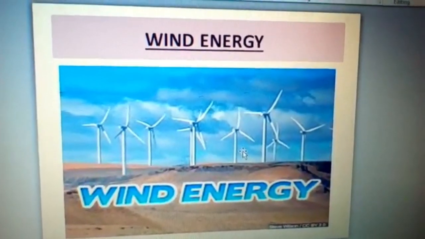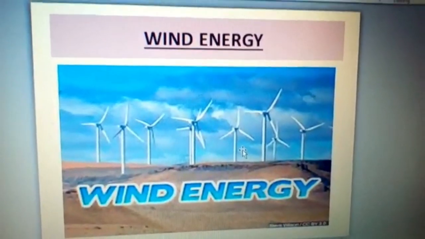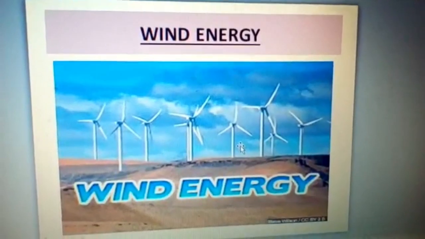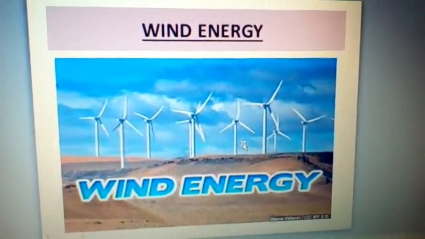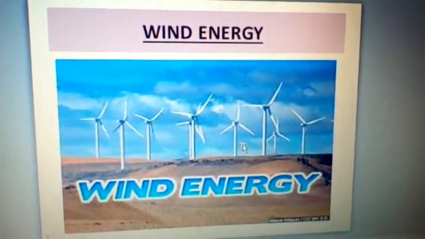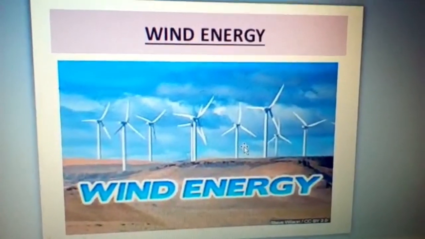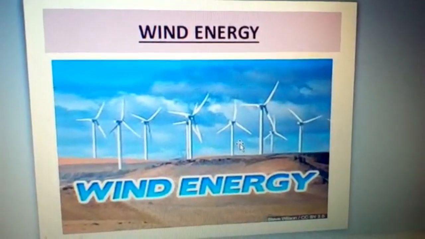And these are used for the crushing of grains, lifting water from the wells, and even functioning of heavy machinery. The electricity generated from the windmill is also used. And countries like China, USA, Germany, and Spain are the leading wind power producing nations in the world.